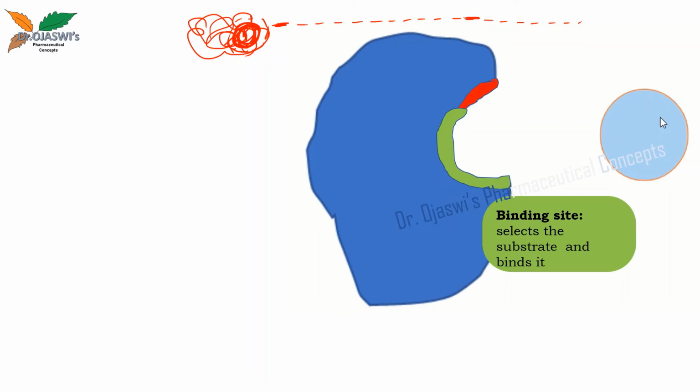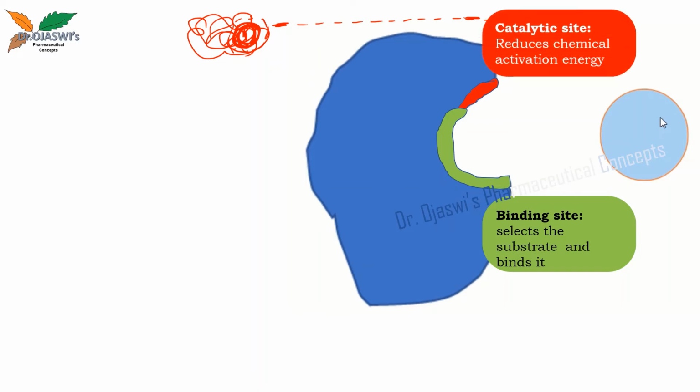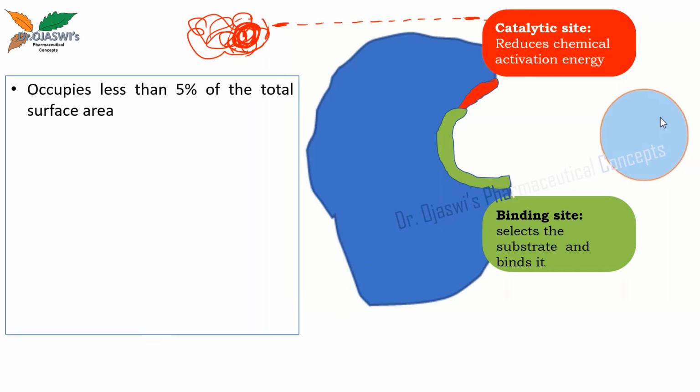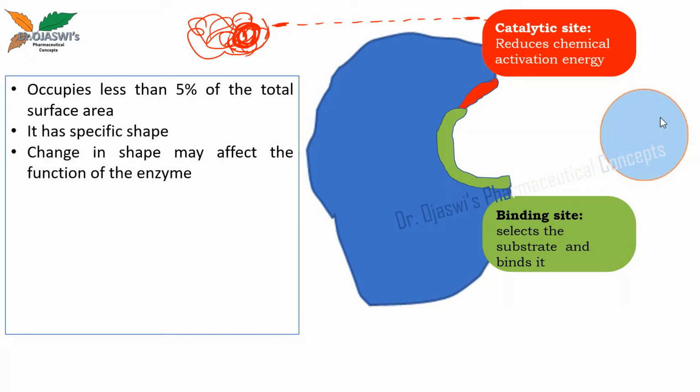The second red colored site which you see here is the catalytic site, which reduces the chemical activation energy. The active site occupies less than 5% of the total surface area. It has a specific shape, and a change in shape may affect the function of the enzyme.